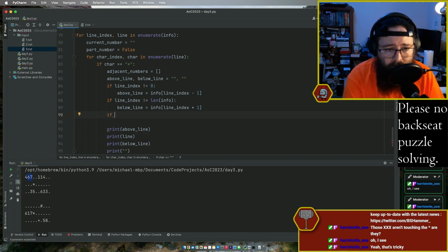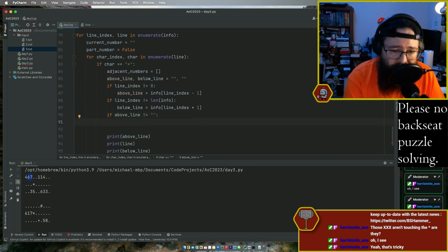Let's just say if there's an above line, so we're looking at the graph above. So if the above line at character index is not a digit, we'll just do it case by case.